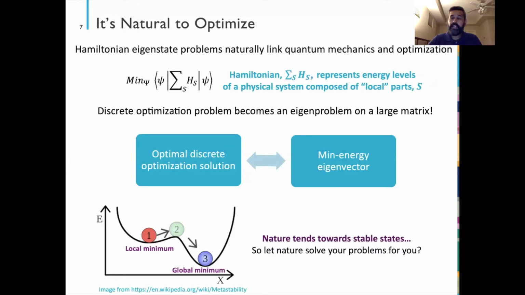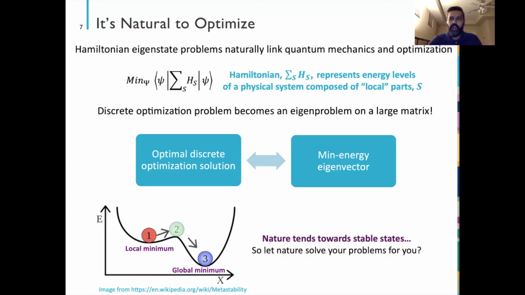And the reason that they're eigenvalues is that this Hamiltonian dictates how a physical state evolves. We apply the Hamiltonian to a state in some sense to update it or to evolve it. And of course, if your state is preserved when you apply the Hamiltonian, this is in some sense a stable state. It's an eigenstate.